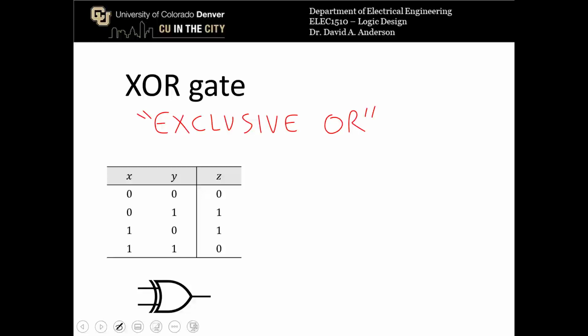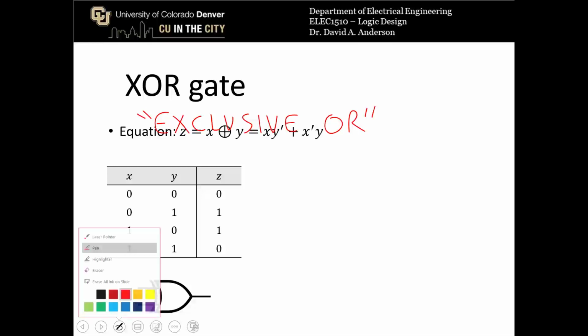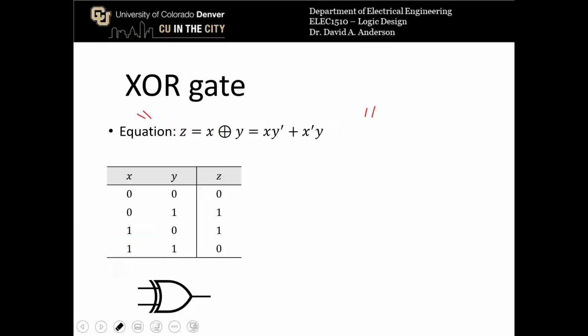The XOR gate has a more complicated function associated with it. It's actually z equals xy prime plus x prime y. And we write that using this fancy symbol, a plus with a circle around it, to denote XOR.